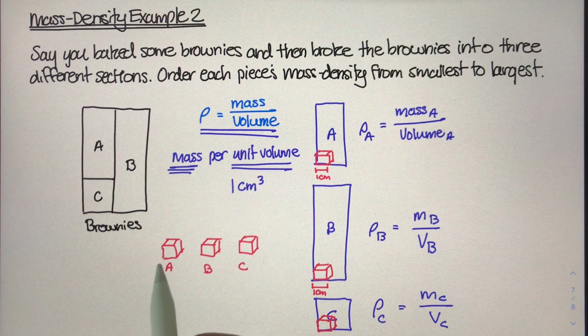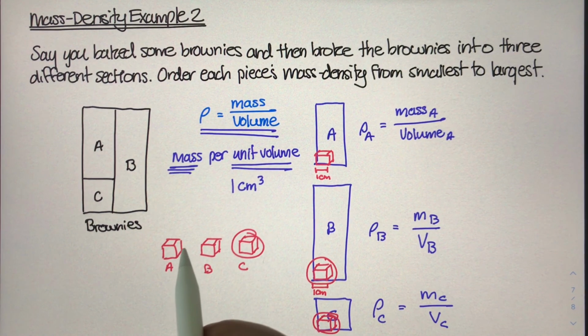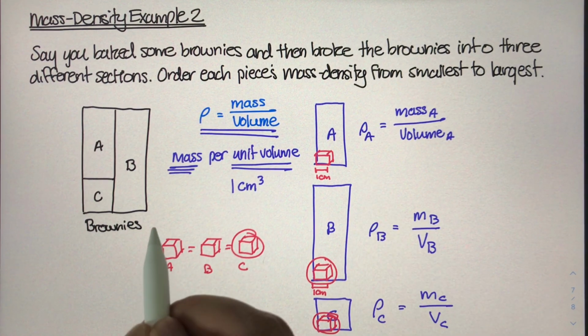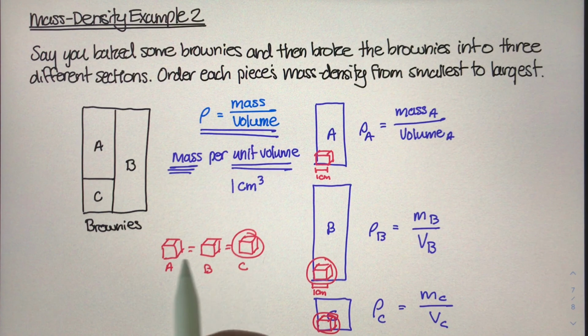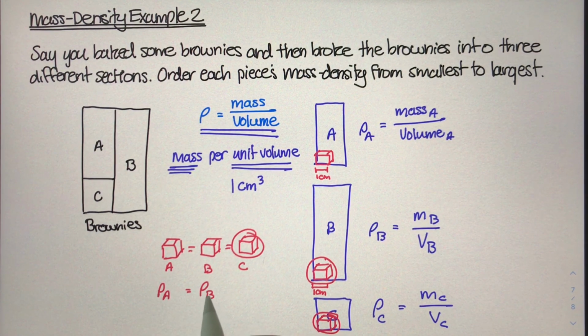In other words, in 1 cubic centimeter of piece A, this little cubic unit volume in piece A is going to have the same mass as this piece in piece B as this piece in piece C. So the masses are going to be the same because we're measuring just 1 cubic centimeter in each of these 3 sub-pieces, right? Or in other words, what we're really seeing here is that the mass density of A is equal to the mass density of B is equal to the mass density of C.